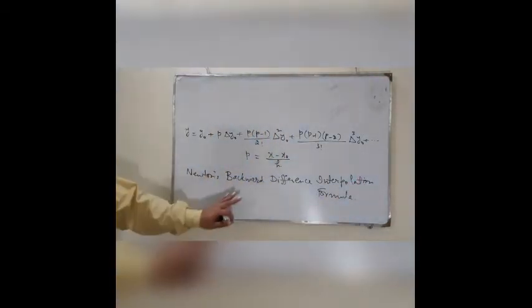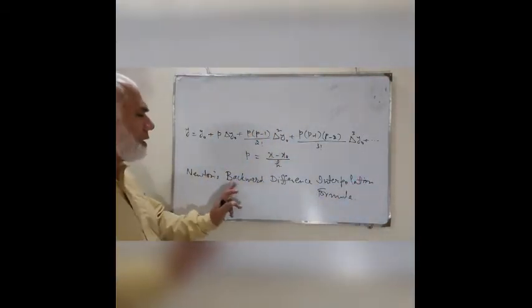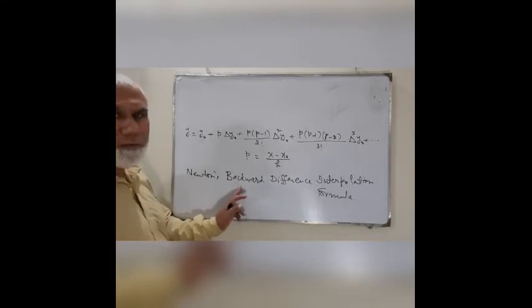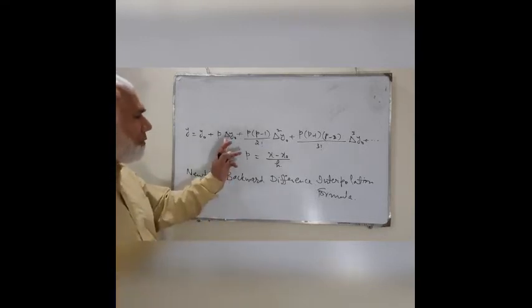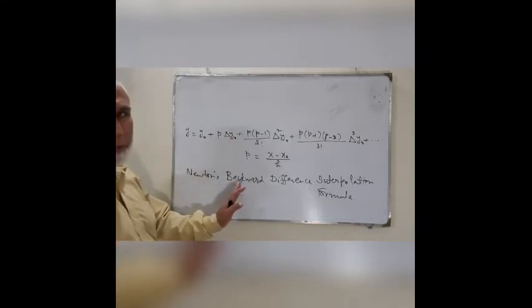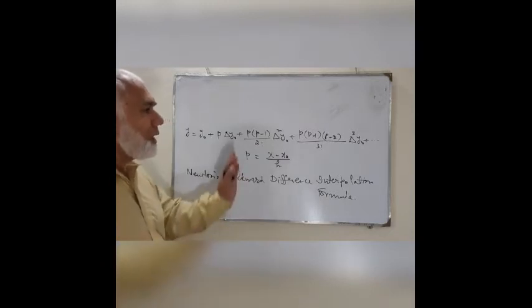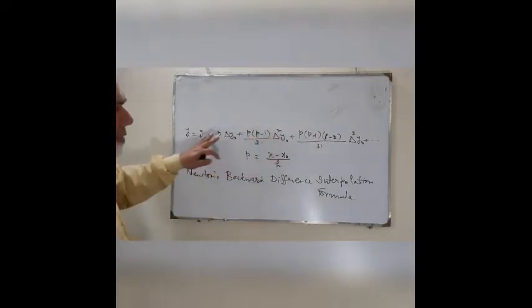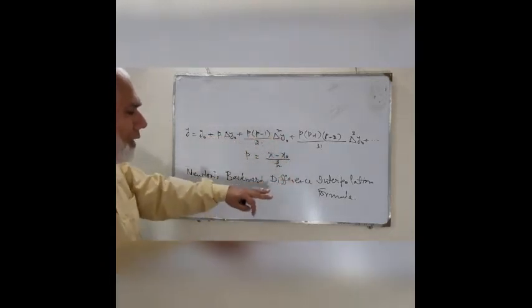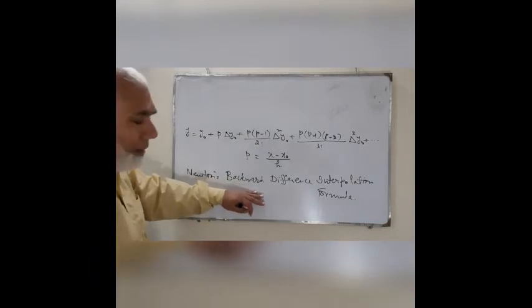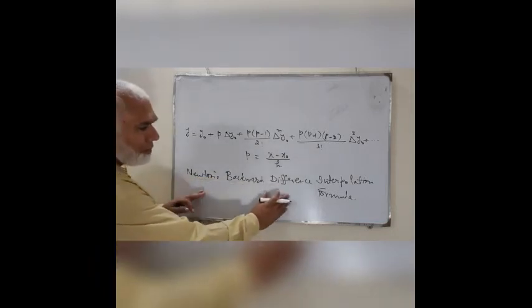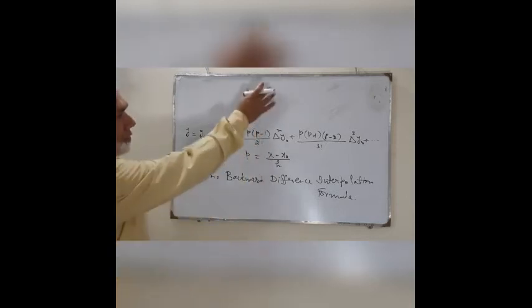So this is the title of the second formula. The only difference in the title is forward and backward. Forward is due to the operator which we have used. Now we are using the backward, which means we have to make the change in the operator as well. So there are a few changes we are going to introduce into this formula in order to write it down directly. So I am writing the formula for this backward difference interpolation over here.